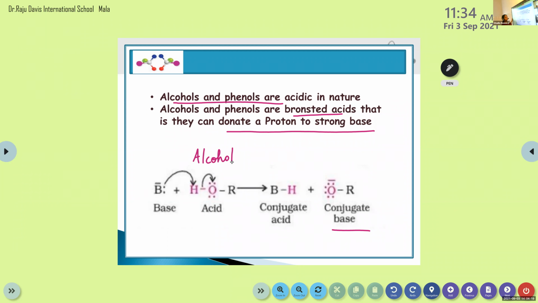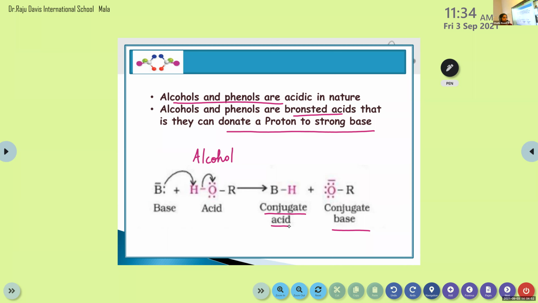When this acid donates H plus ion, the remaining portion, here it is RO minus, is known as the conjugate base. And the base will receive that H plus ion and it will be known as the conjugate acid.